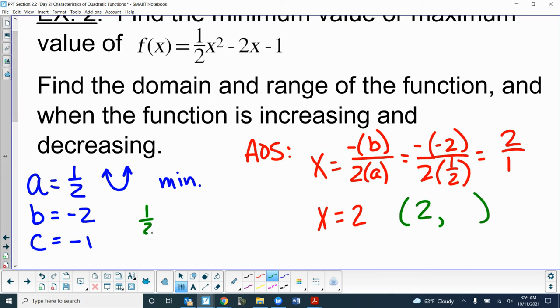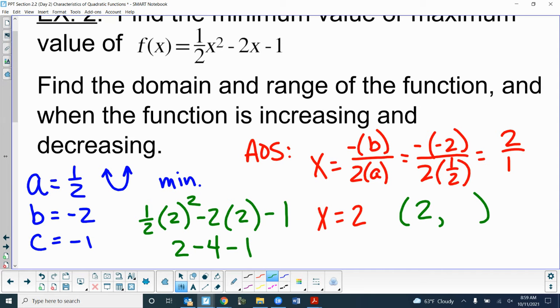So it's 1/2 times 2 squared, minus 2 times 2, minus 1. All right. What's 2 squared? 4. What's half of 4? 2. What's -2 times 2? -4. What's 2 minus 4? -2.